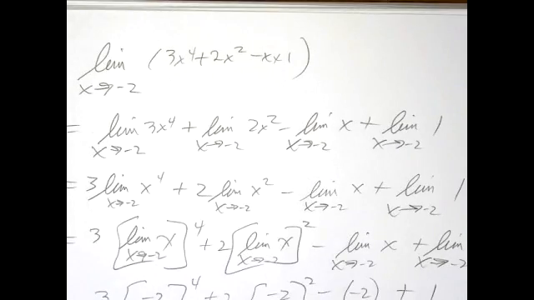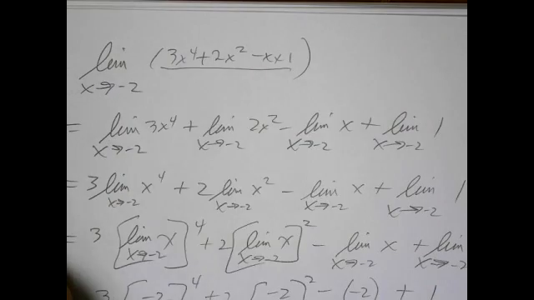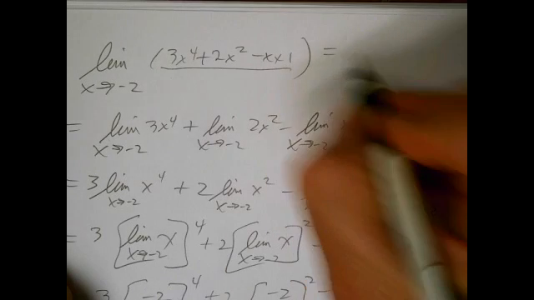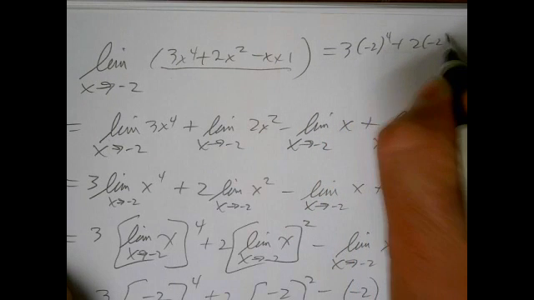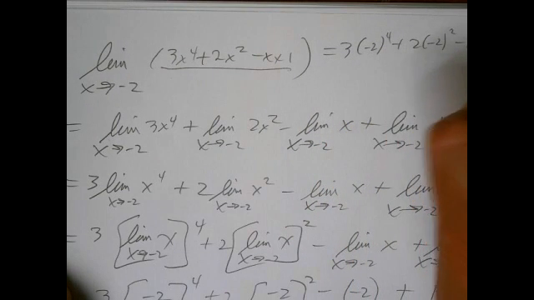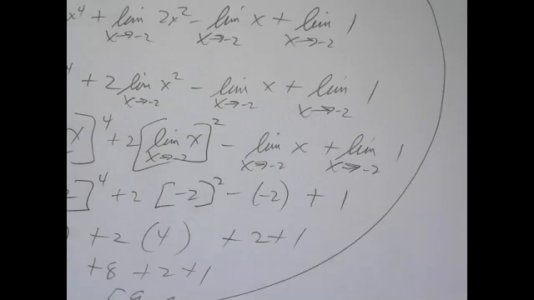So, in this problem, where I drew it out into 100 different steps, I could have just looked at this and said, this is a polynomial. Therefore, this will be equal to 3 times -2 to the fourth plus 2 times -2 squared minus -2 plus 1. And I could have cut through all of this straight down to the 59.